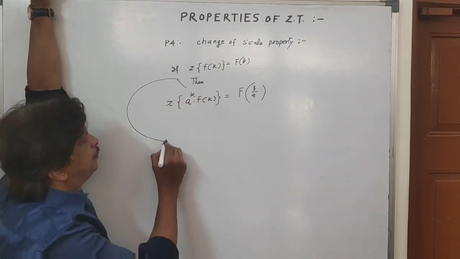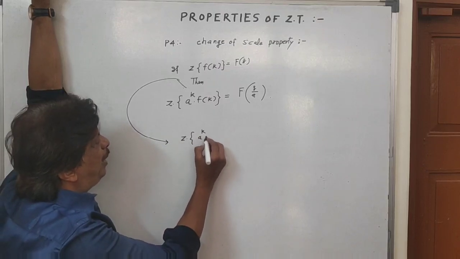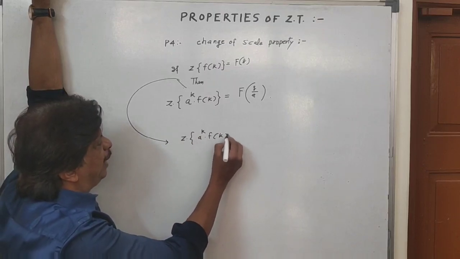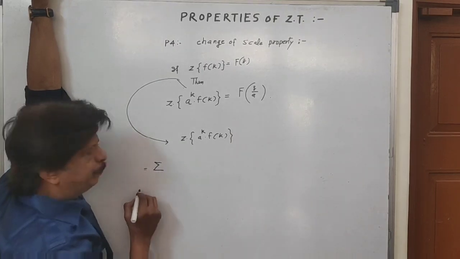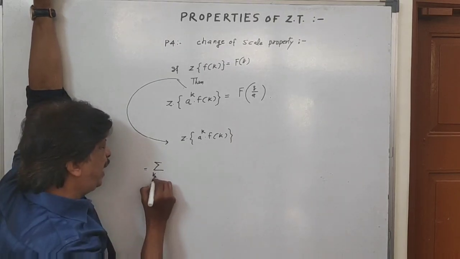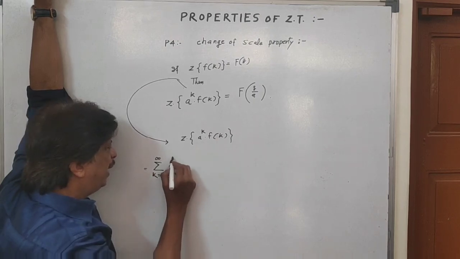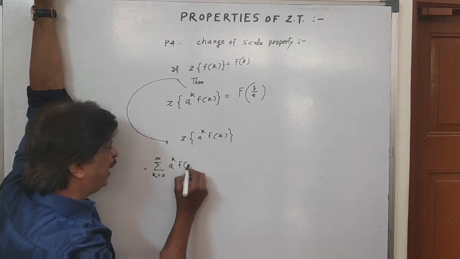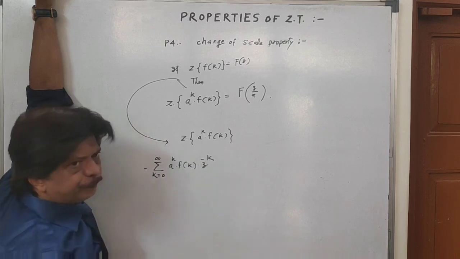Z transform of a raised to power k into f of k. What is the definition? Summation, running index k, k equal to 0 to infinity, the sequence a raised to power k into f of k into z raised to power minus k.